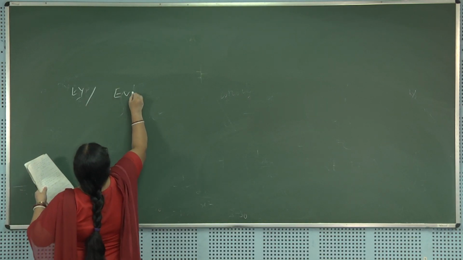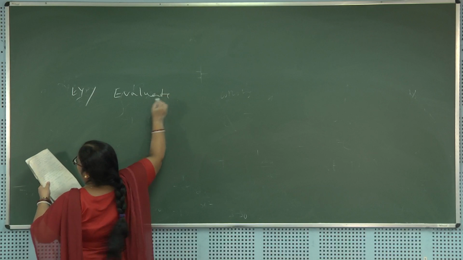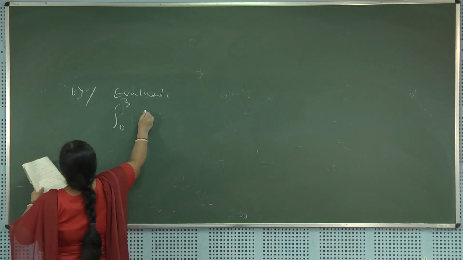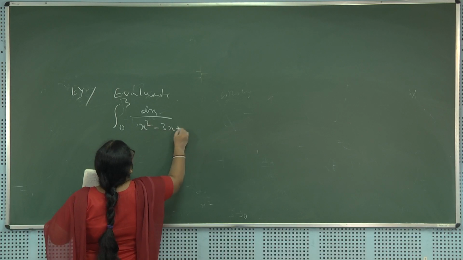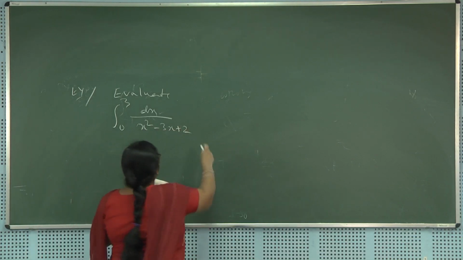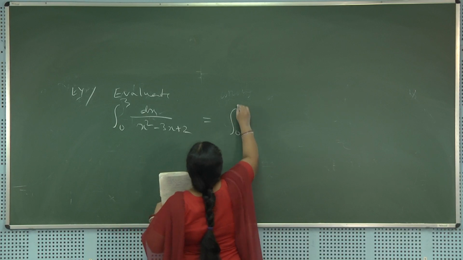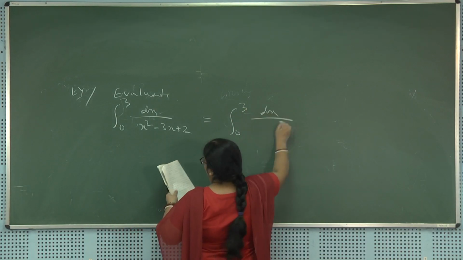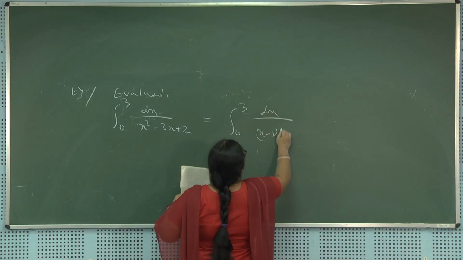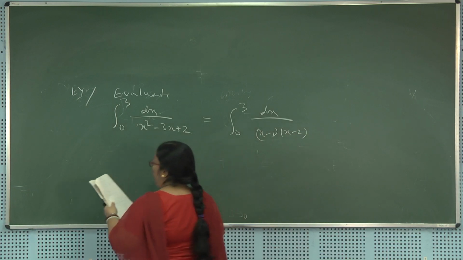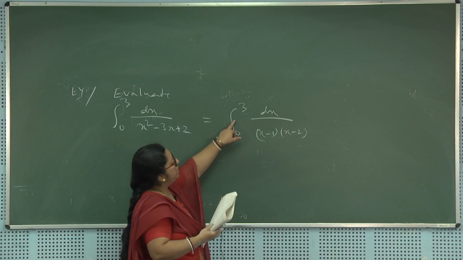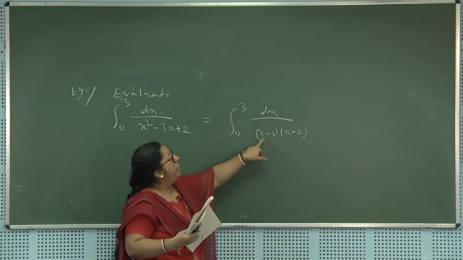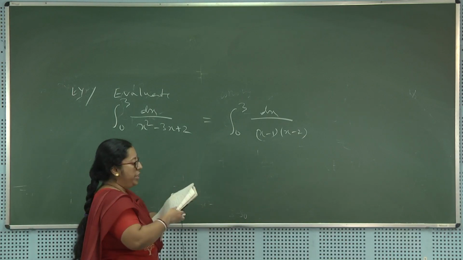Evaluate integral 0 to 3 dx over x squared minus 3x plus 2. If you factorize it, you can see it becomes dx over (x minus 1) into (x minus 2). You can see both the points 1 and 2 lie within the range of integration, and the function becomes unbounded. So, here you have to separate it out.